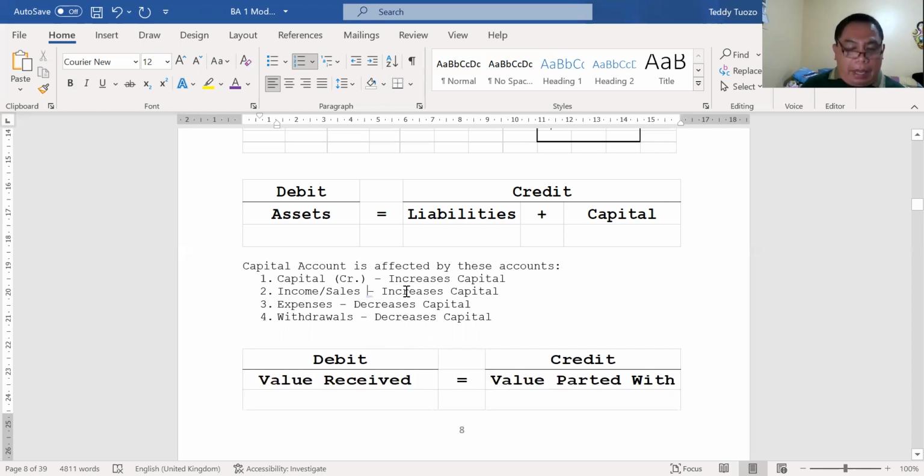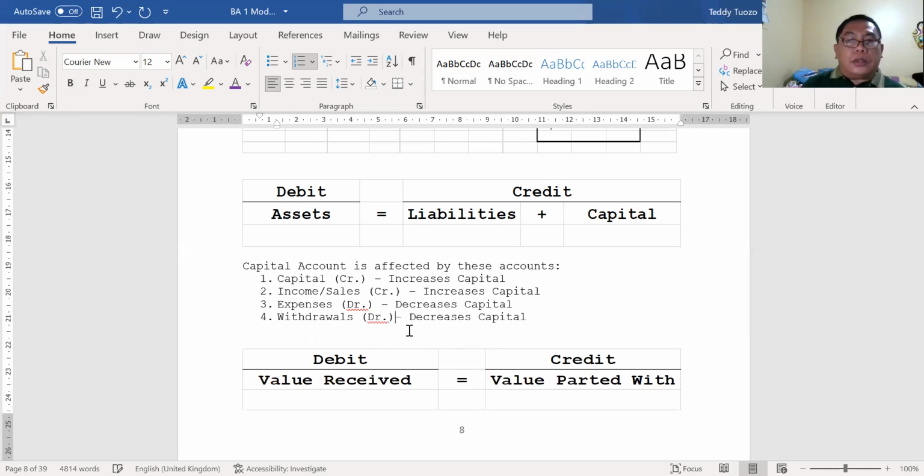So if there is income or sales, the normal balance is also credit. And for expense, since they decrease capital, the normal balance is debit. The same with withdrawals.